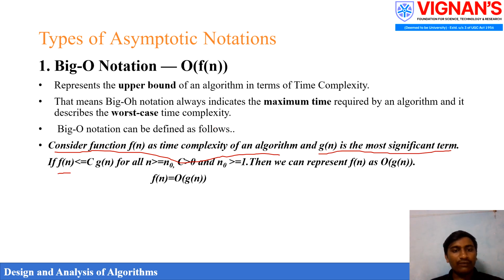If the function f of n is less than or equal to constant c into g of n for n greater than or equal to n naught, c greater than 0, and n naught greater than or equal to 1, then we can represent f of n as big O of g of n. Then we simply write f of n equal to big O of g of n.